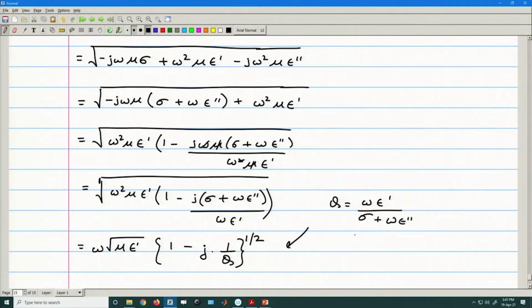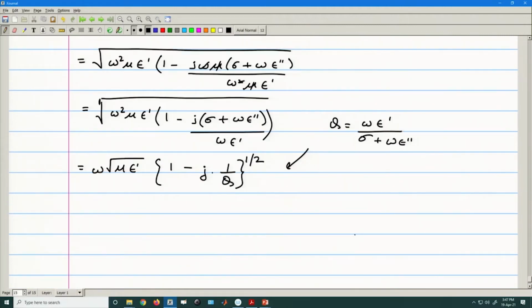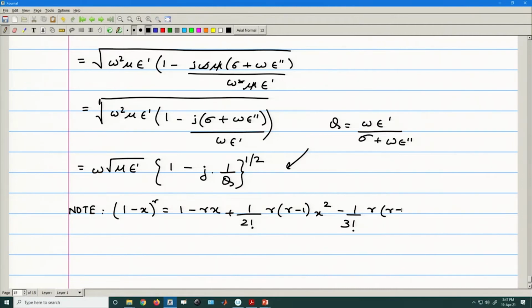Now, we need to expand this. So, we can note that 1 minus x raised to the power r can be expanded as 1 minus rx plus 1 by 2 factorial r multiplied by r minus 1 x square, minus 1 by 3 factorial r, r minus 1, r minus 2, x to the power 3.